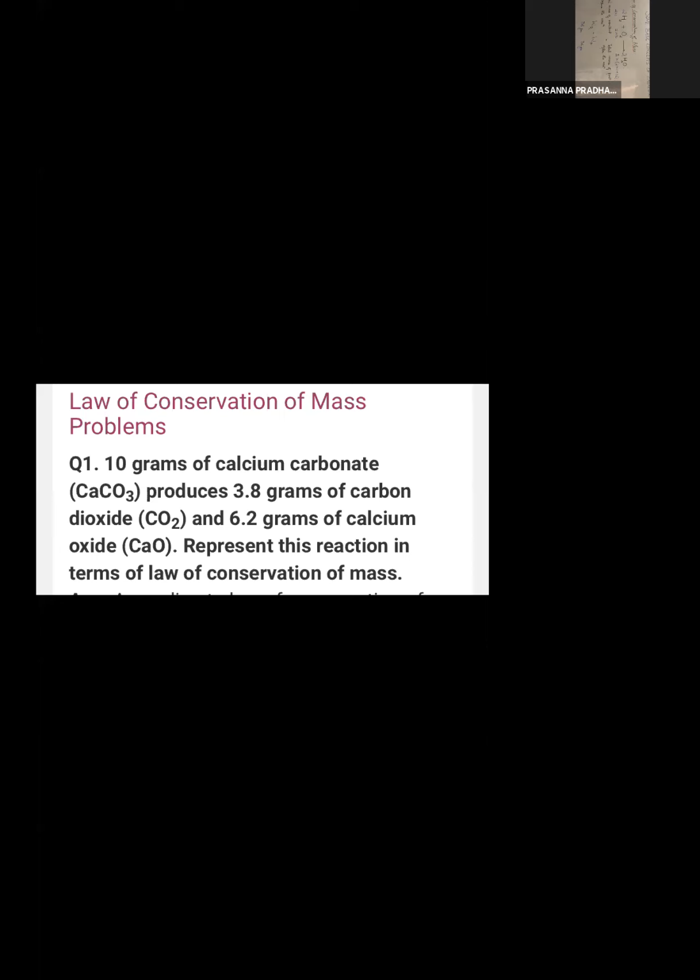If you have copied this question, just let me know. So 10 grams of calcium carbonate produces 3.2 grams of carbon dioxide and 6.2 grams of calcium oxide. Represent this reaction in terms of the law of conservation of mass.